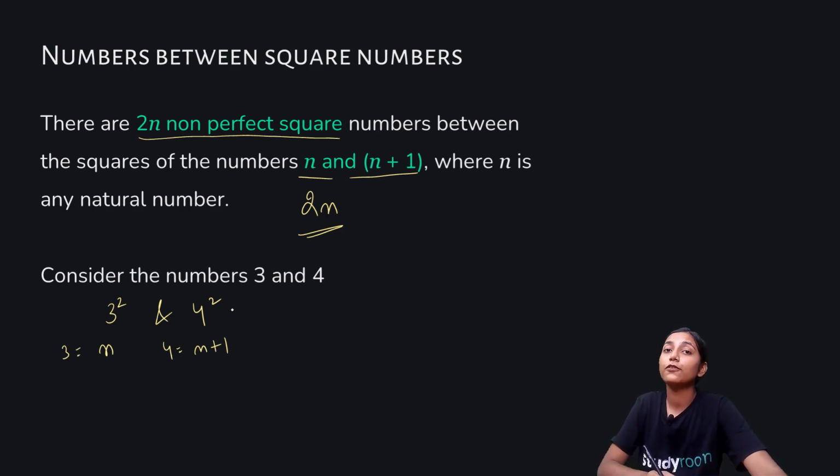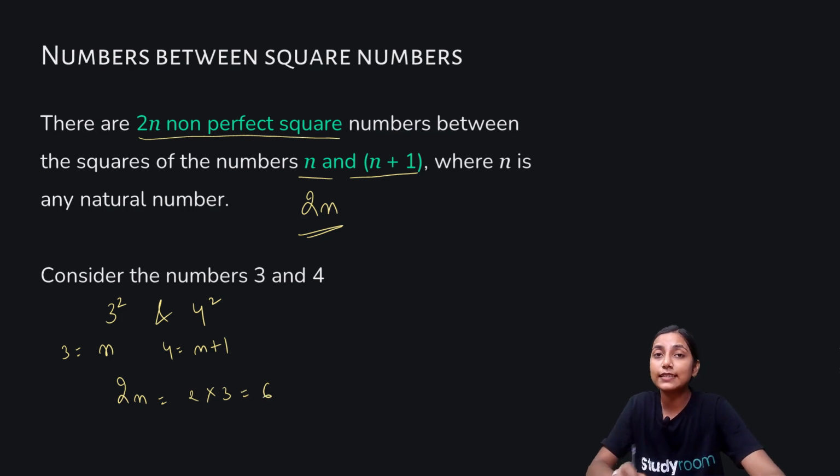So the number of non-perfect square numbers lying between the squares of these two numbers is given by 2n, that is 2 into 3, that is 6. So there will be a total of 6 non-perfect square numbers between them.